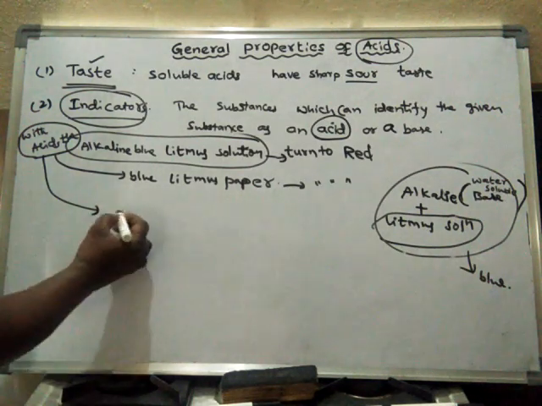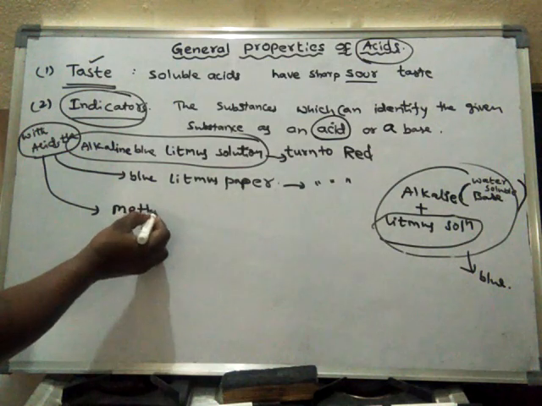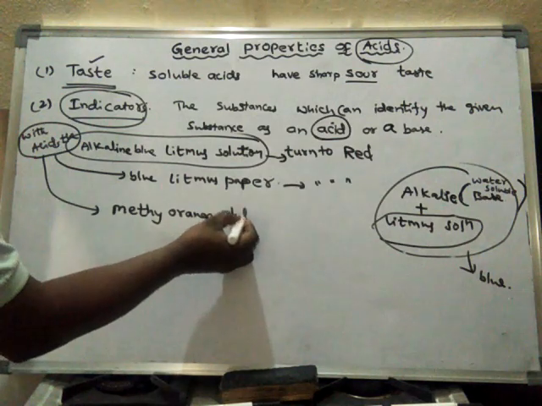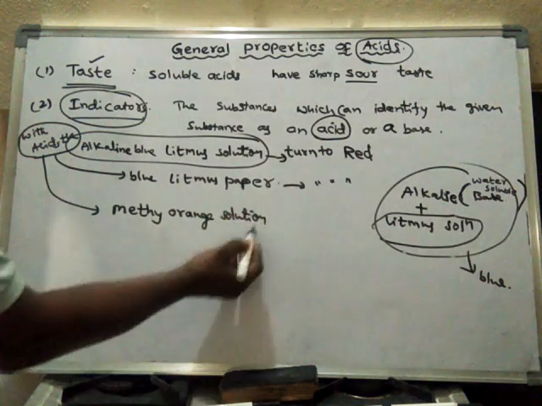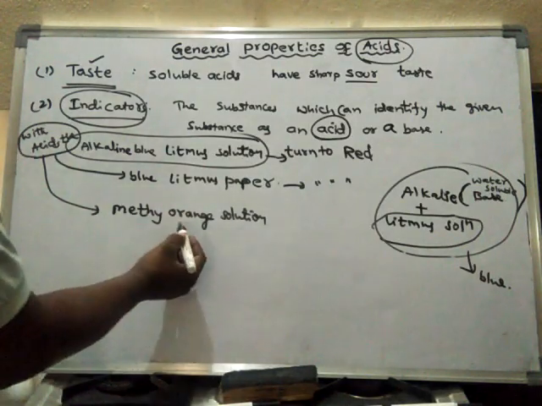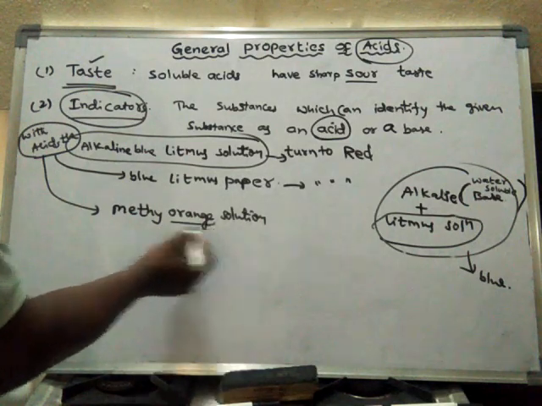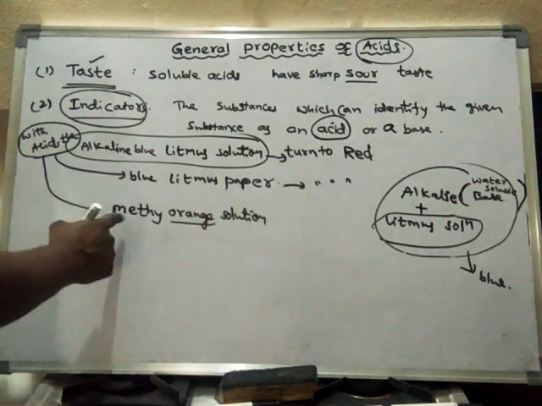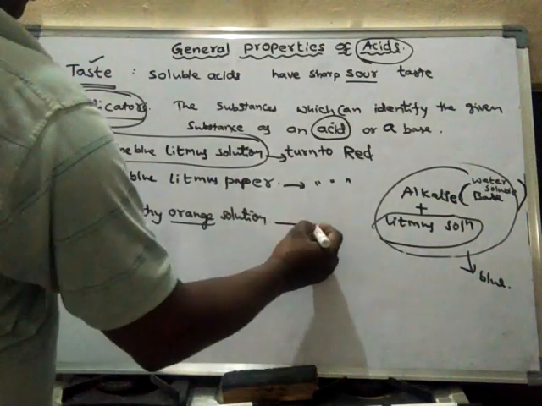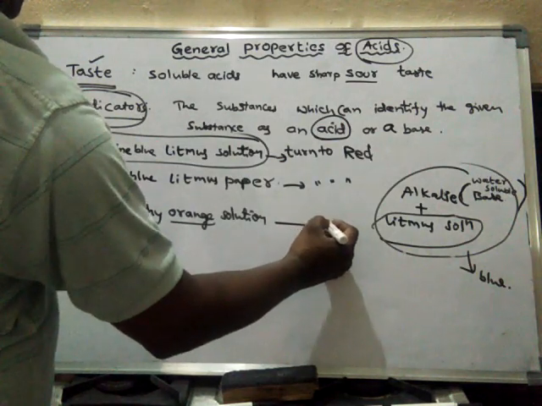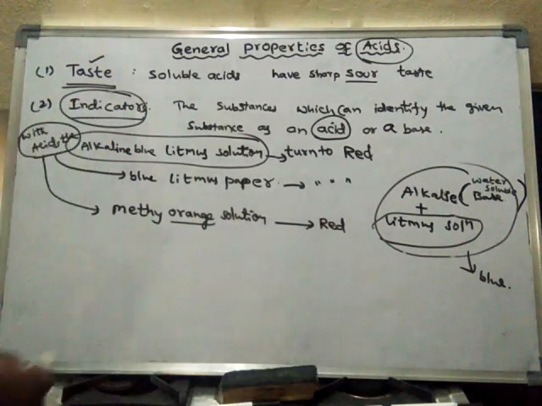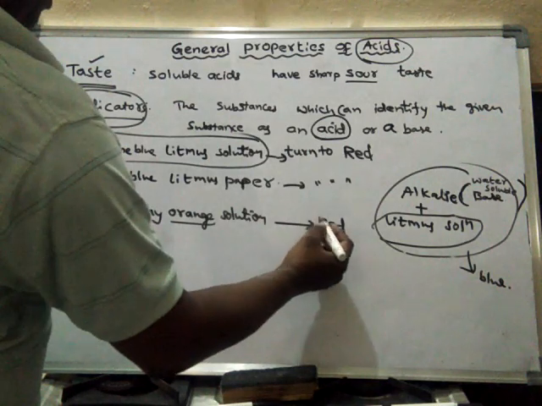Next, acids turn methyl orange solution. It is another type of indicator. The color of the solution is orange. When acids are mixed with methyl orange solution, they turn to red color, in the range of pink to red.